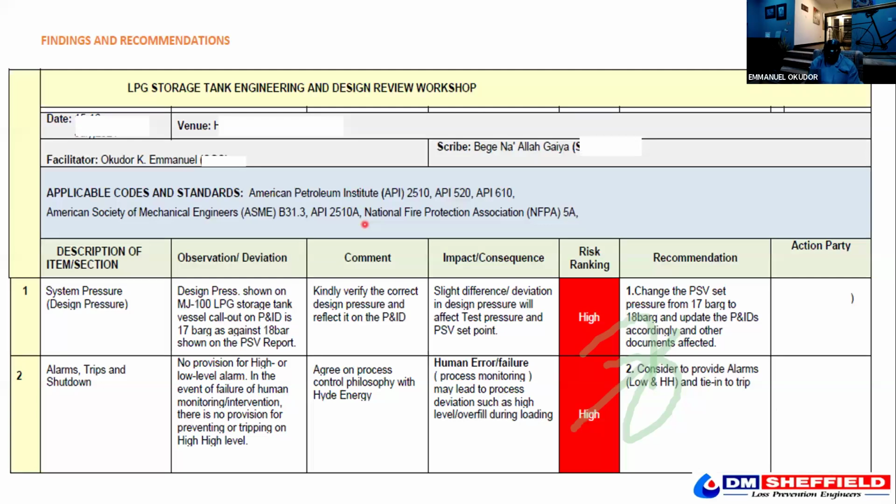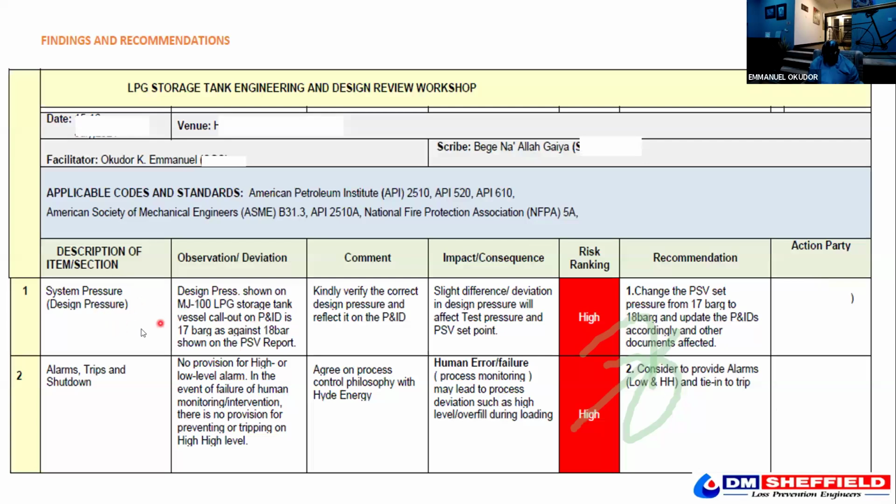So this is a typical workshop, not exactly the same thing you will see across the board. Different people come up with their own, but here we have description of section, observation, deviation comments, what will be the impact on the project, and recommended action party.